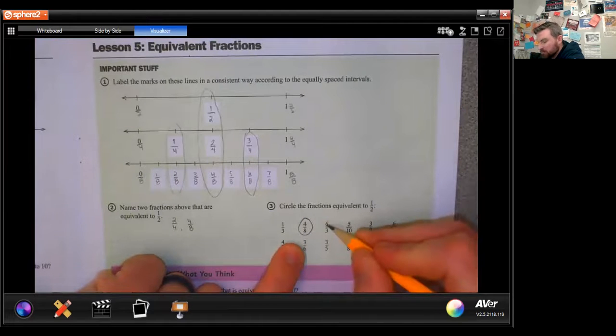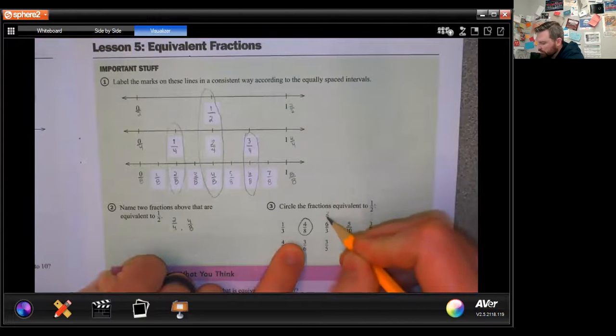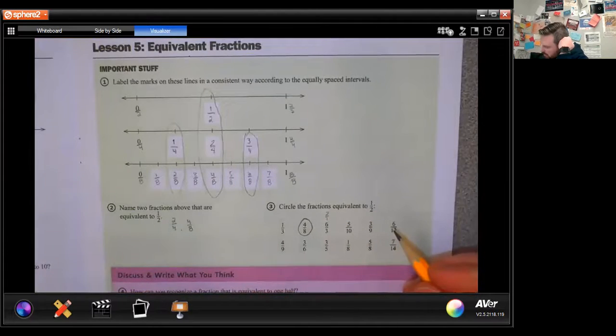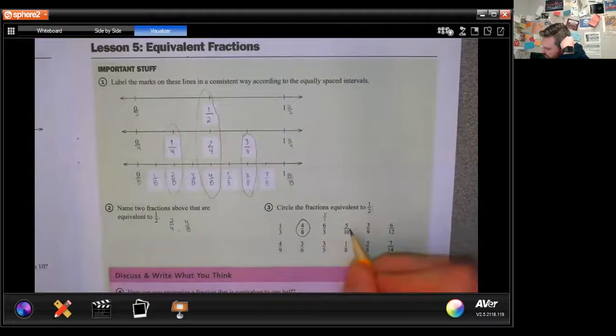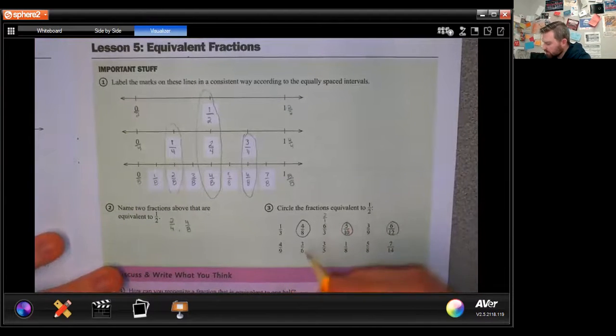Okay, this number on top is doubled the number on the bottom, but that would be 2/1 instead. And I want 1/2. So 5 times 2 is 10, so that works. 3 times 2 is 6, so that's not it. 6 times 2 is 12, that one works. 4 times 2 is 8, no. 3 times 2 is 6, that one works.